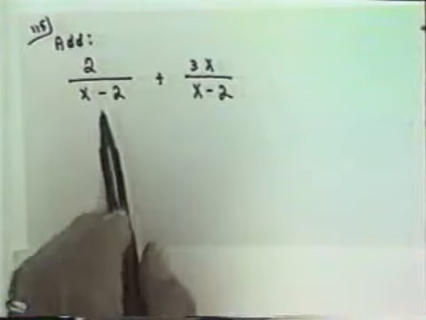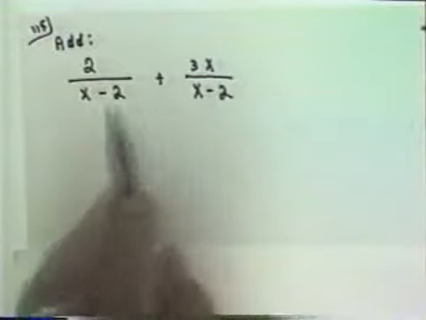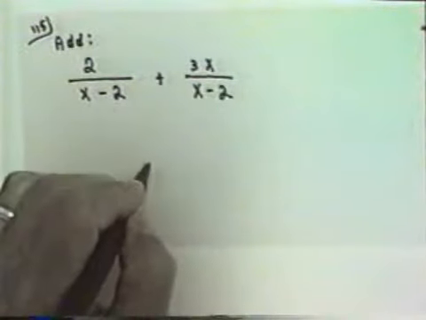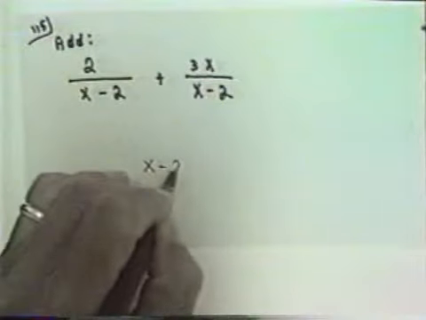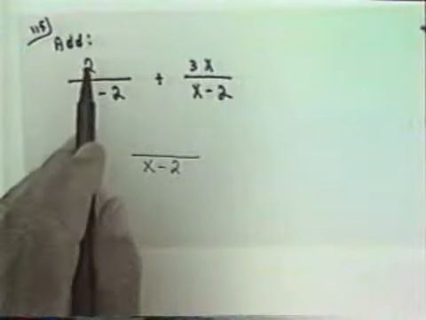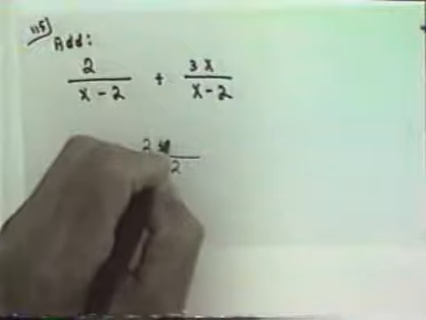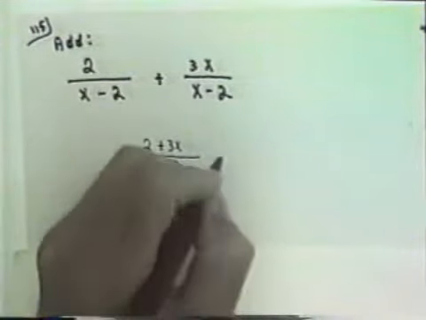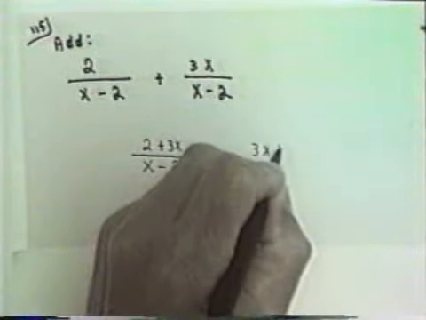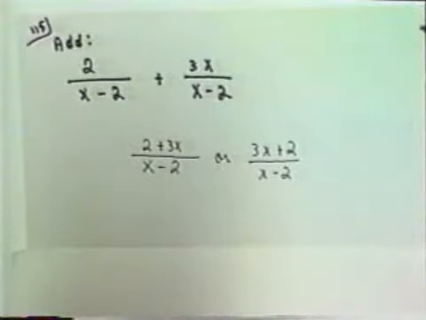The second step would be to express these two fractions using that common denominator. We already have it. So since I already have the common denominator, I keep the denominator and I add the numerators. So since 2 and 3x are unlike terms, I can simply write it as 2 plus 3x, or I could write it as 3x plus 2 over x minus 2.